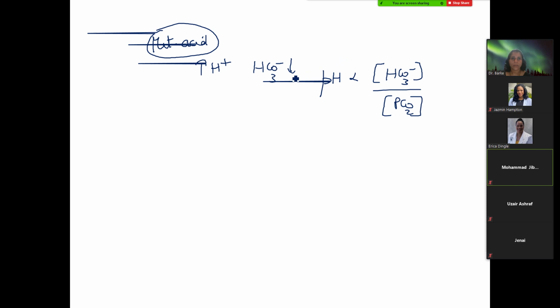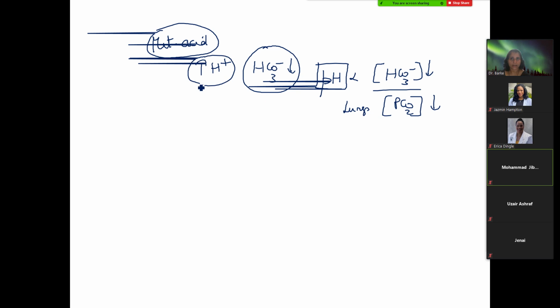Okay, thank you. So tell me, in metabolic acidosis, bicarbonate is less. According to the Henderson equation, if the pH has to come back to normal, what should happen to CO2? It should decrease as well. That means the lungs have to compensate, since CO2 is handled by the lungs. How did it compensate? When arterial H plus increases, can it cross the blood-brain barrier?